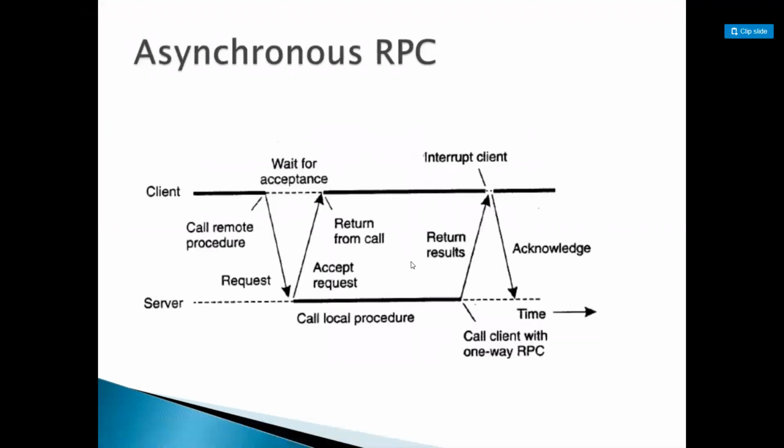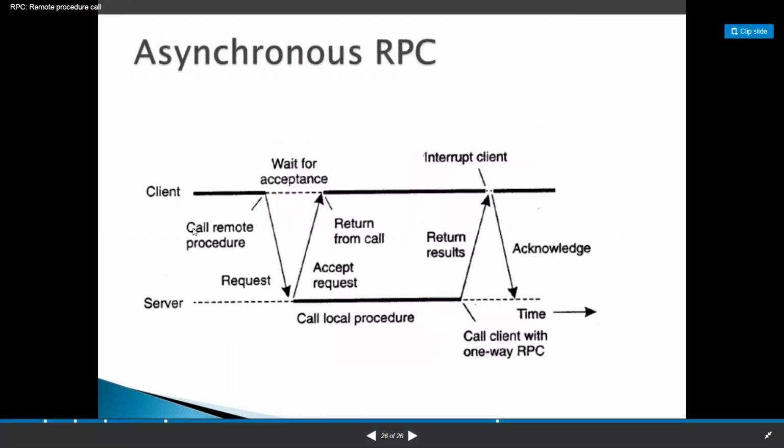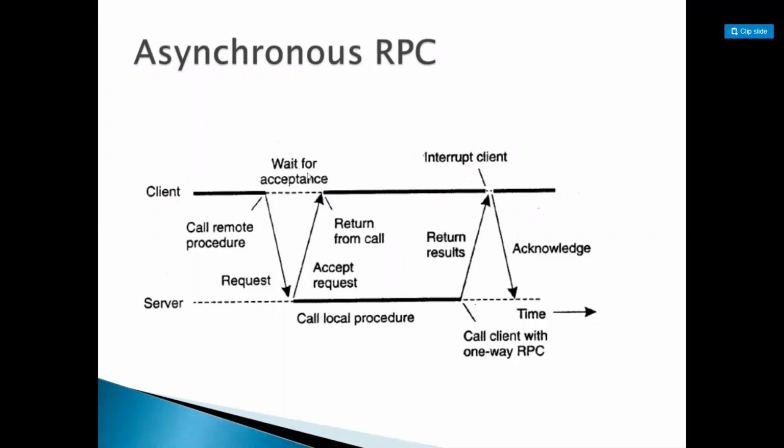In case of asynchronous RPC, the client call will be sent to the server remotely. After receiving the request, first the server accepts the request and returns the call. And here the client needs to wait for acceptance. There is only one difference here.